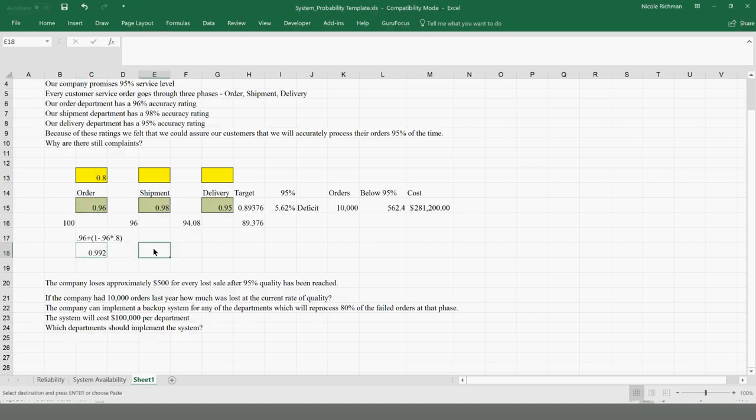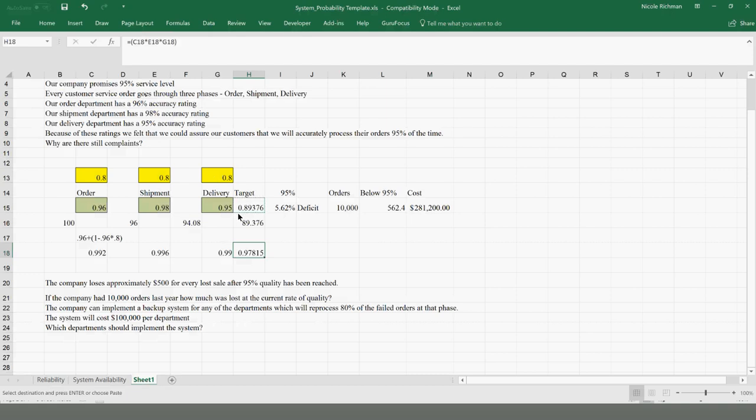So we're going to copy this formula over so that it's referencing these two here. And let's take a look at this. And then we're also going to copy this formula.